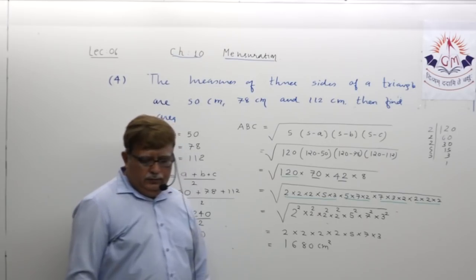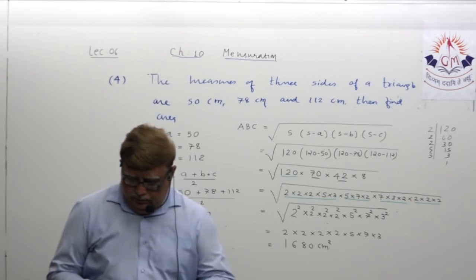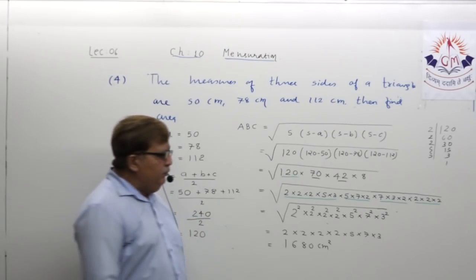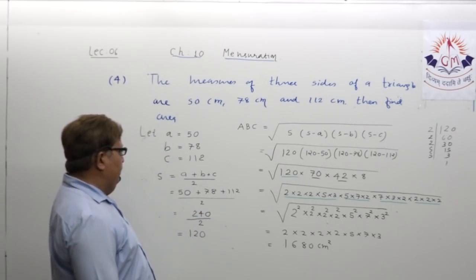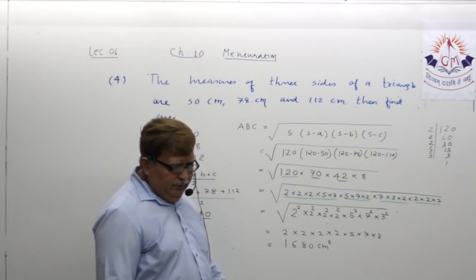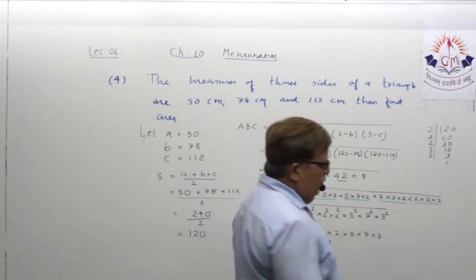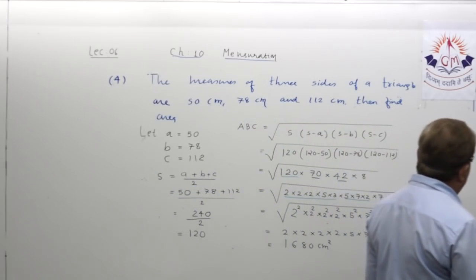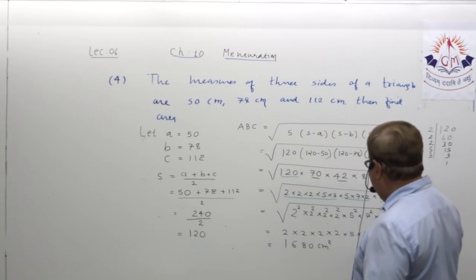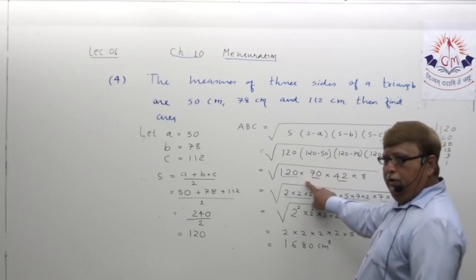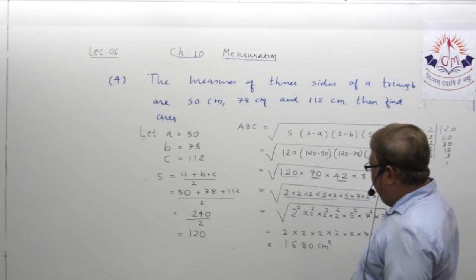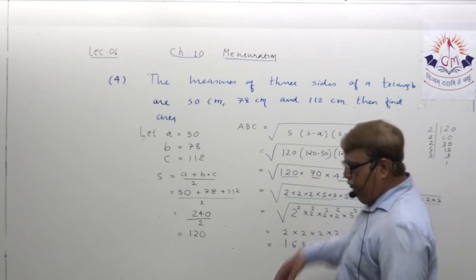So this way some bigger examples can also be solved, so you have to be very conscious. Understood? I'm giving just 1 minute to visualize this sum. And always be conscious that when you get some big number which you have to prime factorize, don't hesitate to do it this way.